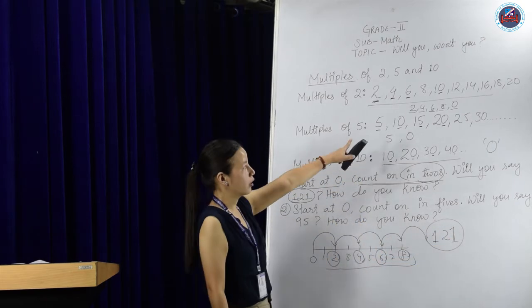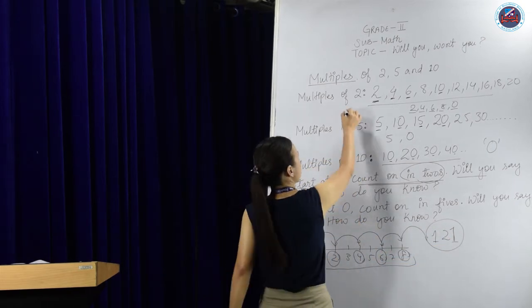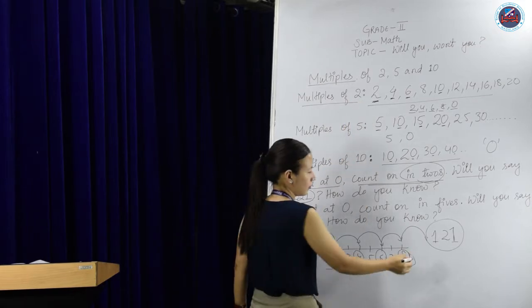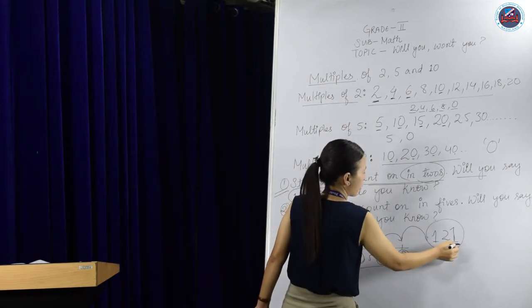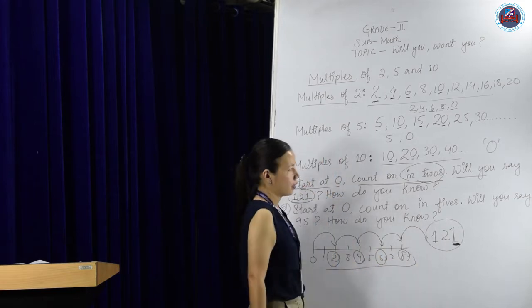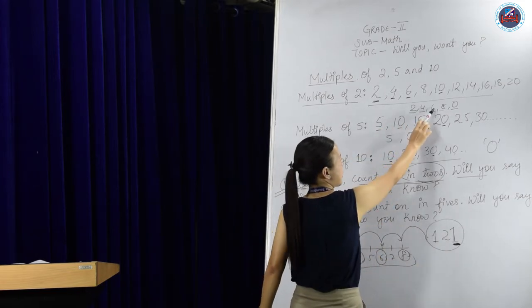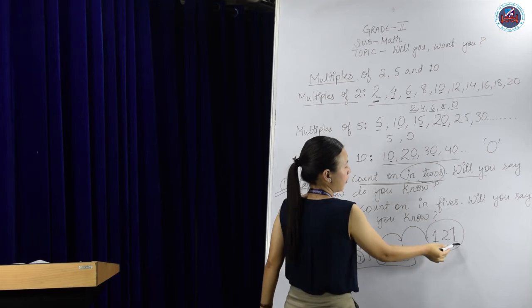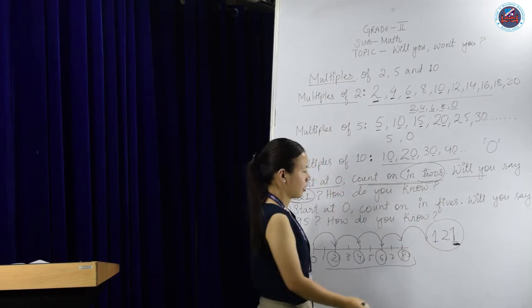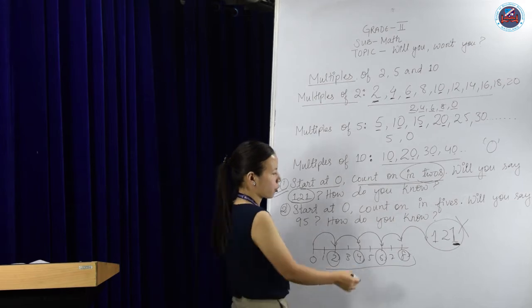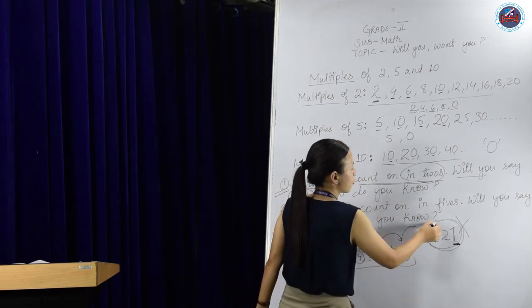We have learned that to be a multiple of 2, the number in the one space should be 2, 4, 6, 8, or 0. But here it is 1. That means it's not a multiple of 2, so we will not count on to 121.